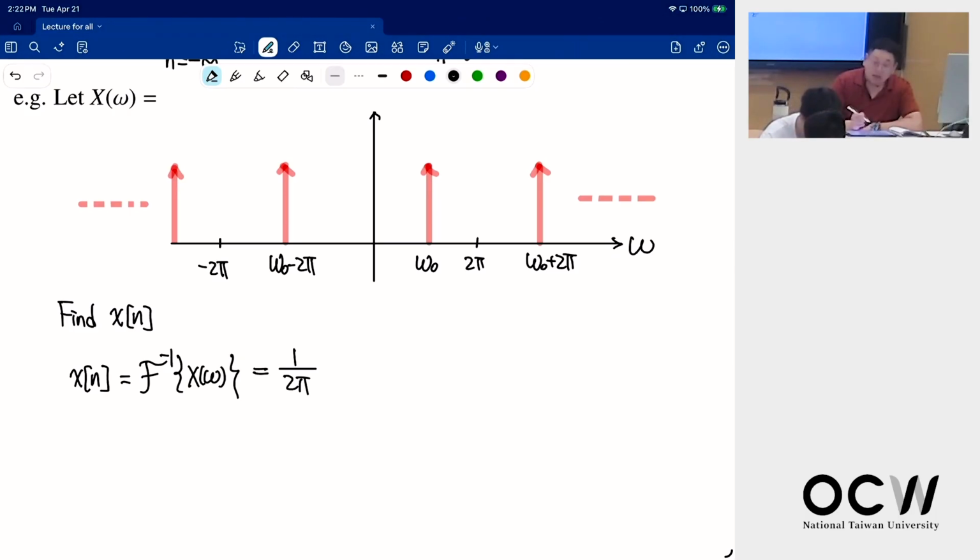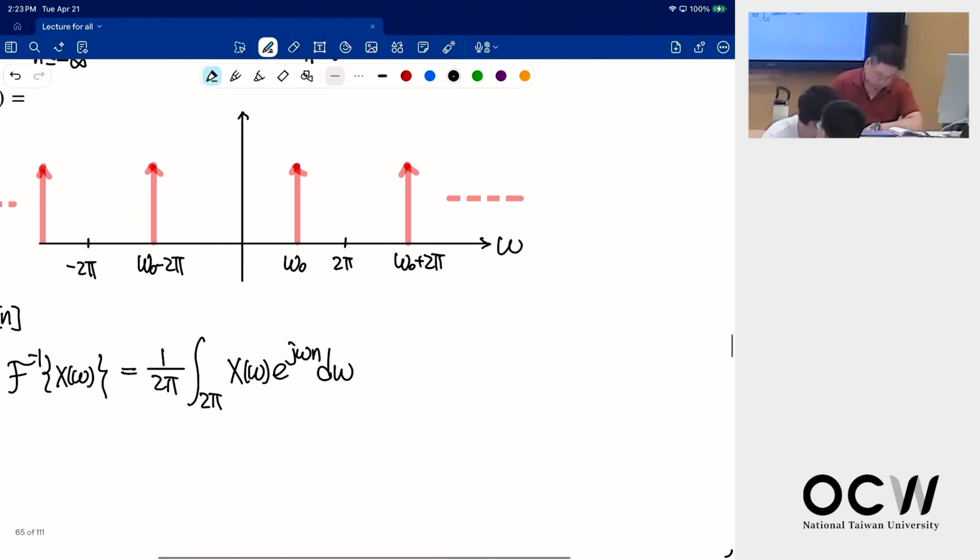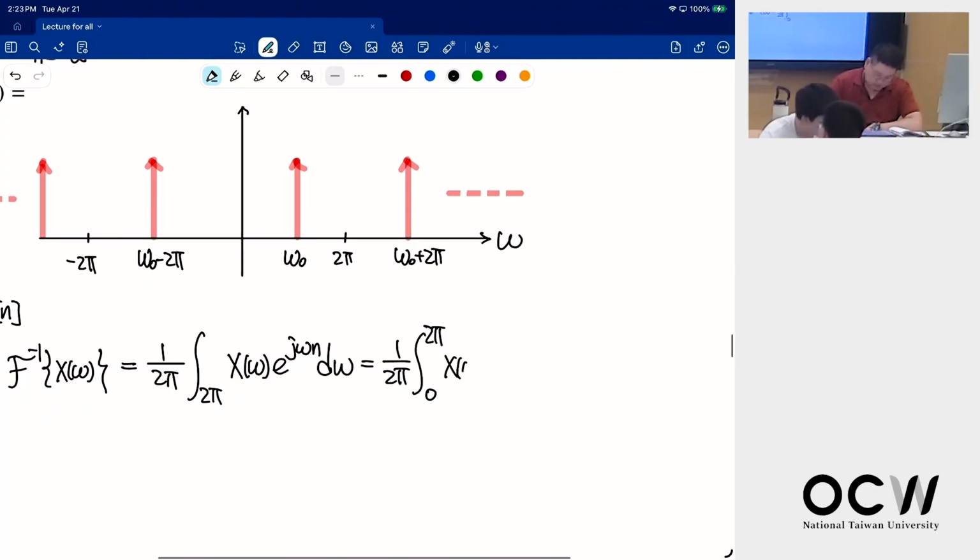So this will be 1 over 2 pi, the integration over only one period, your coefficient times the basis. So it will be 1 over 2 pi from 0 to 2 pi of X of omega e to the j omega n d omega.